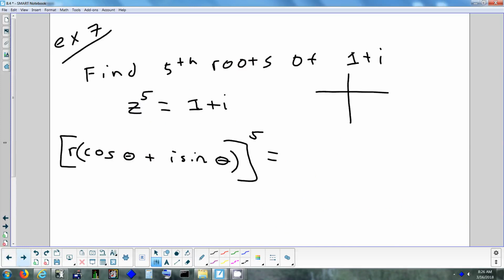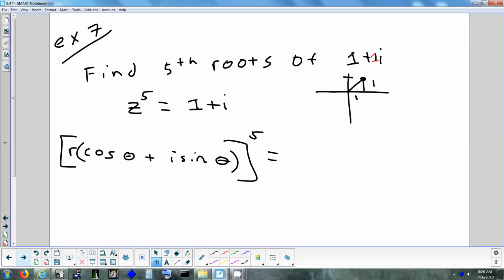If we graph 1 plus i, it's right 1, up 1. What's going to be the angle? If I don't know it, I could do inverse tangent of y over x. Think of it as 1 plus 1i, so it's inverse tangent of 1 over 1. That would be 45.